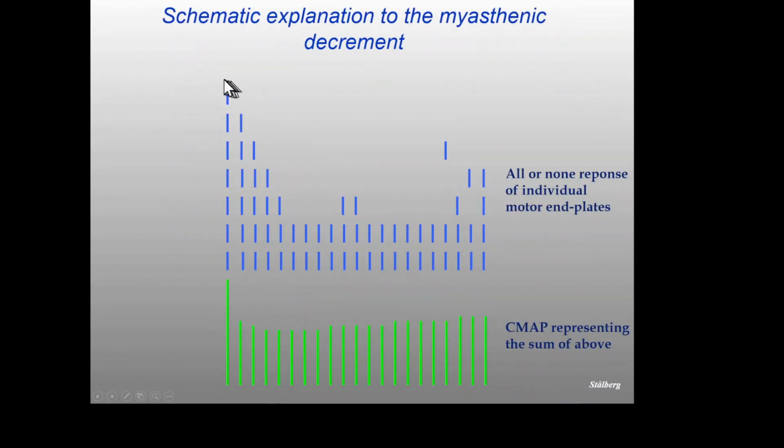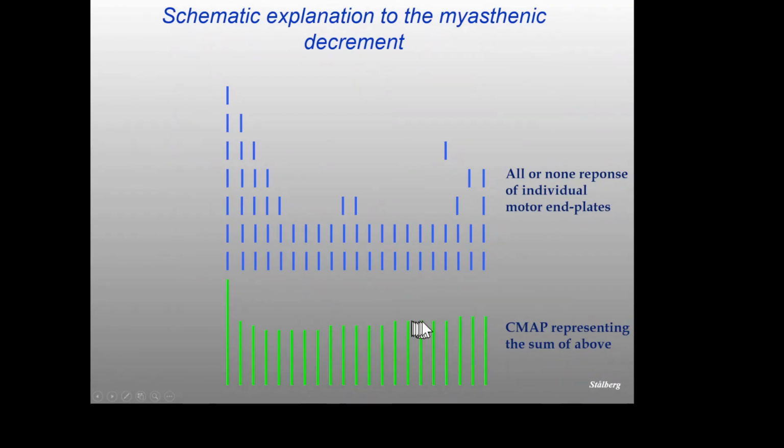Here are responses from individual motor end plates in the muscle. This end plate could only respond once, and this one 3 times, this one 5 times, and so on. And when we add the activity from all these, we see on the surface of the muscle a large CMAP in the beginning, and then a decrease because of fatiguing motor end plates, and then it stays low.